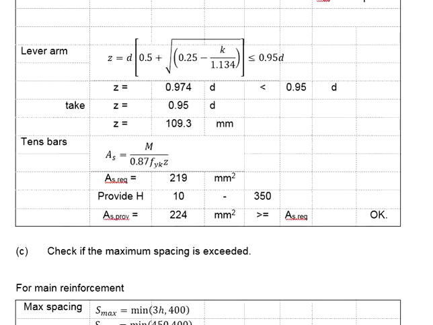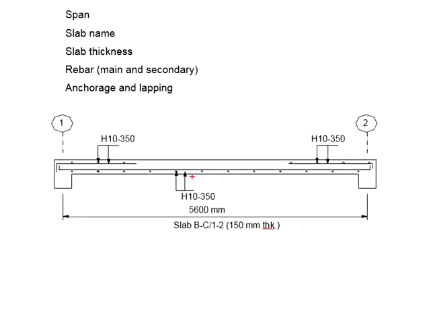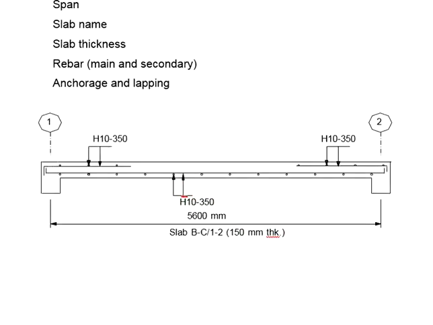In our previous examples, you were only asked to design the longitudinal reinforcement, assuming the secondary reinforcement will be the same as the longitudinal reinforcement. Then you should clearly indicate the bar size and the spacing for the secondary reinforcement.